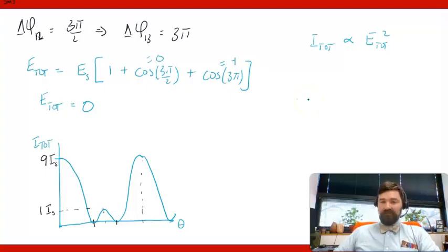Well, remember that for a double slit, delta phi between two slits was equal to 2 pi times the path length distance, which we could call delta L or delta X, divided by the wavelength.